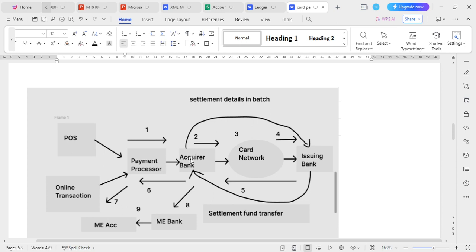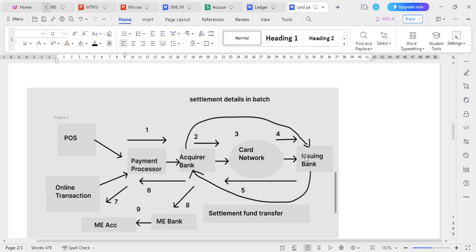The acquiring bank is the owner of the POS machine or online payment gateway. That acquiring bank transfers the details to the card network. The card network we call Visa, MasterCard, or RuPay. After that it reaches the issuing bank, which validates the card: whether the card number is correct or not, and the CVV and expiry date. All the basic validation happens.